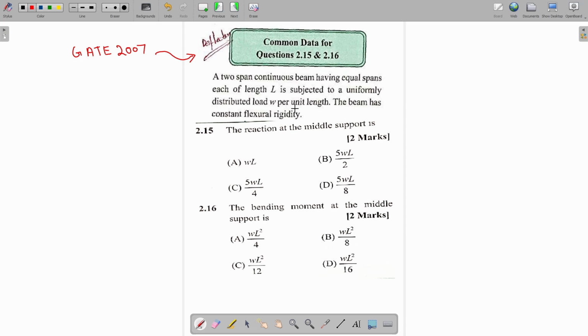Question 2.15 asks us to find the reaction at the mid support, and 2.16 asks us to find the bending moment at the mid support. Since it is a common data type question, the result from 2.15 will be used in 2.16. On with the question.